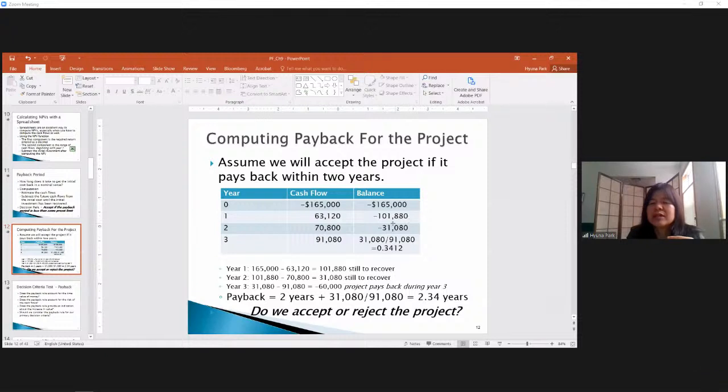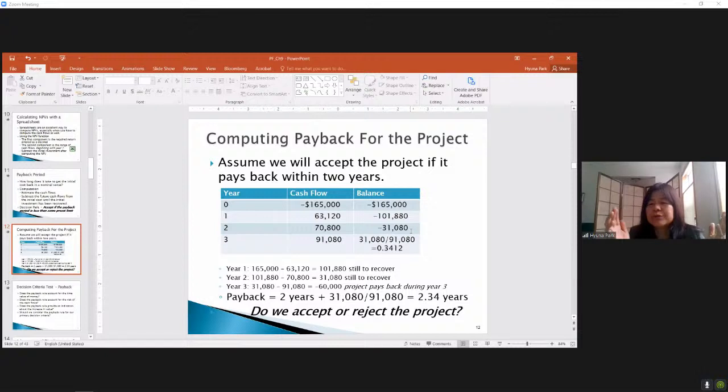So there is still a negative balance. What happens after another year? During the second year, 70,800 will be earned, so you just subtract 70,800 from 101,880. The difference is 31,080, and that is still to be recovered. That's why it has a negative sign.